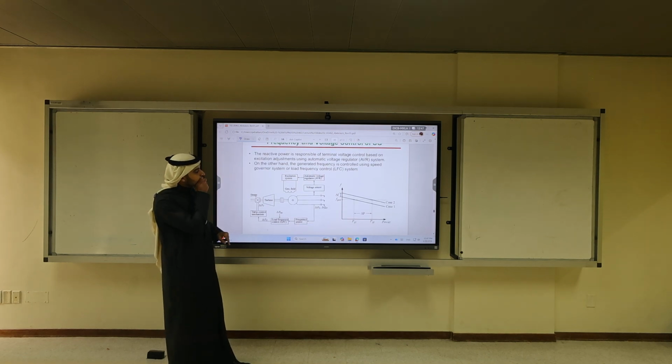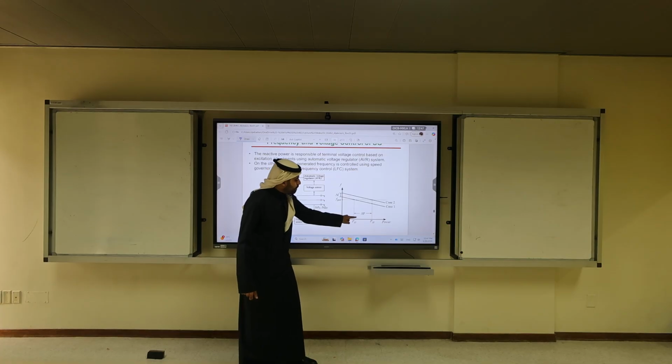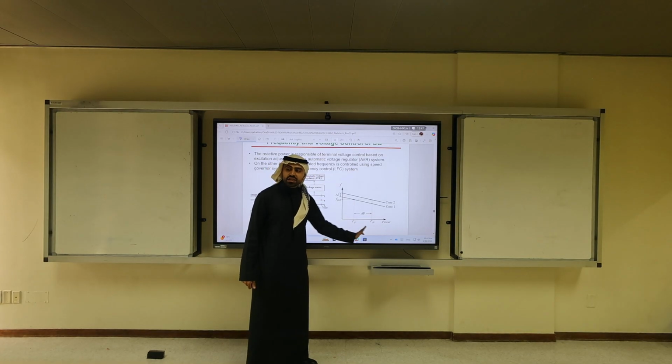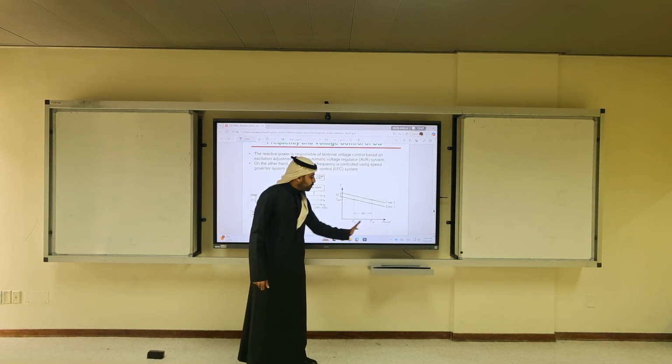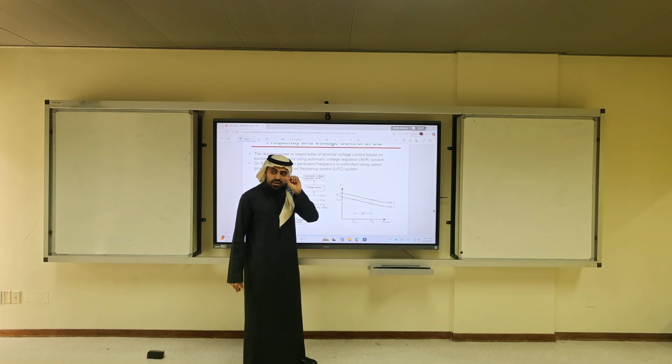So, the frequency: if I change the real power of a generator, if I increase the real power, what does increasing real power of a generator mean? Put more fuel. If I put more fuel, it turns out that the grid may experience a little bit of drop around the generator.